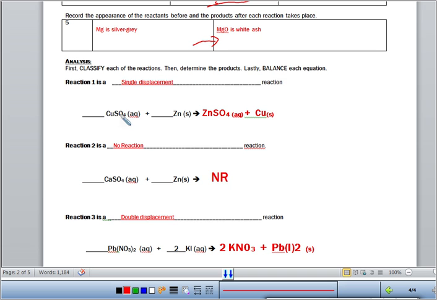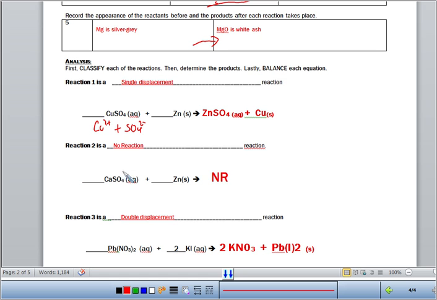But because the copper 2 sulfate is in aqueous solution, that means you have copper 2 ions and you have sulfate ions, and that's why they dissolve in water. Well, what happens is the zinc displaces the copper because it's higher on the activity series. Because the zinc and the copper both form 2+ ions, the equation's balanced as it's written. Right? Any questions?